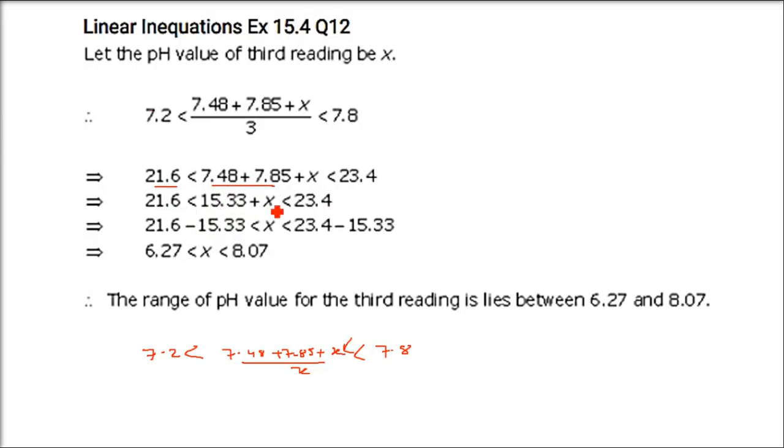Subtract 15.33 from all three expressions. So 21.6 minus 15.33, you get 6.27. 23.4 minus 15.33, you get 8.07. So x is between 6.27 and 8.07. So this is the third value. The range of pH value for the third reading lies between 6.27 and 8.07.